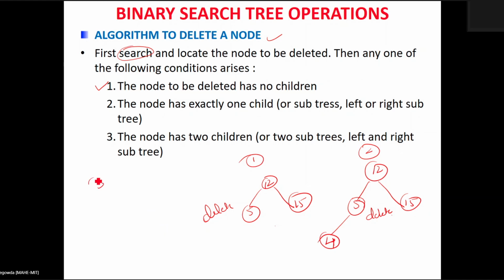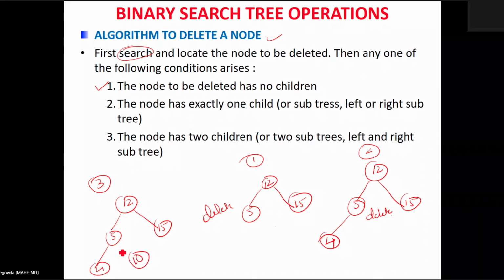Next, another scenario we will come across is the node to be deleted has two children. Say for example, I have 12, I have 5, 15 and 4, say for example 10 here. In this case, I want to delete node 5 here.